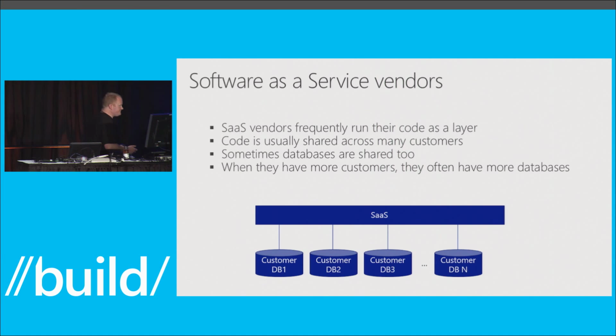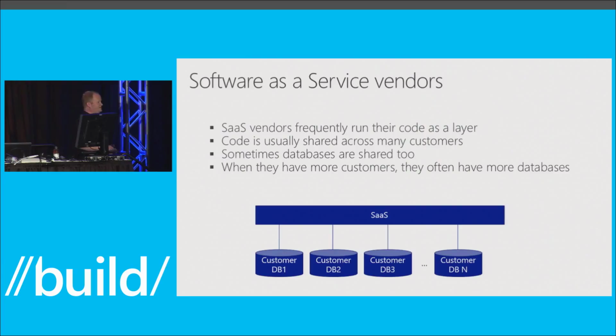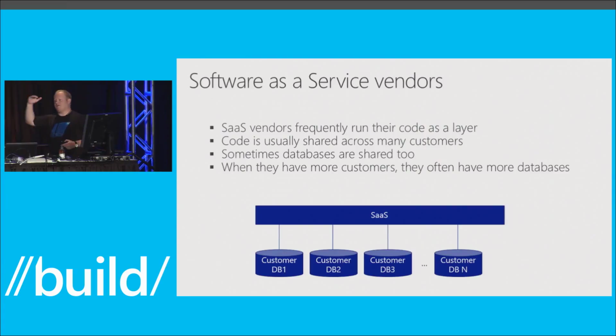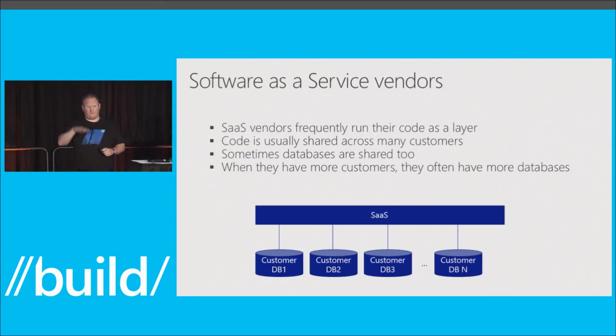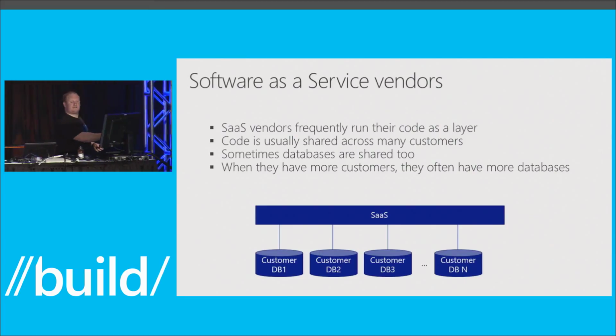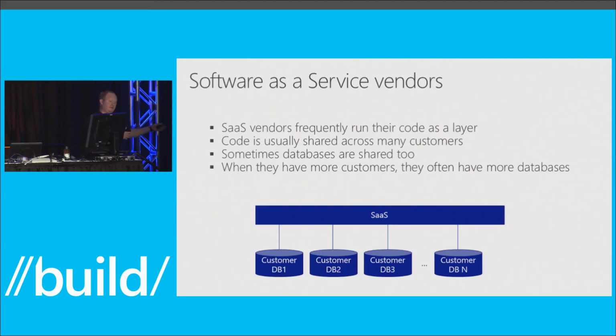Some people do this based on their customers' tiers. If I have a high tier customer, it might be super useful to put them in their own database. That means I can control the performance that database has, I could do a restore just for that database, and I can allow the customer to connect with Excel or whatever directly to the database.